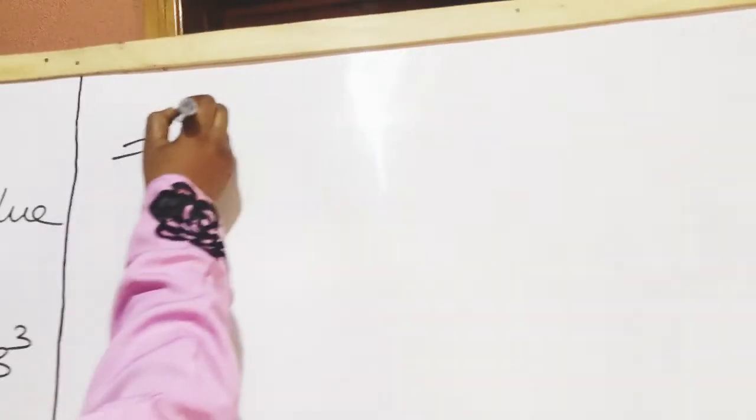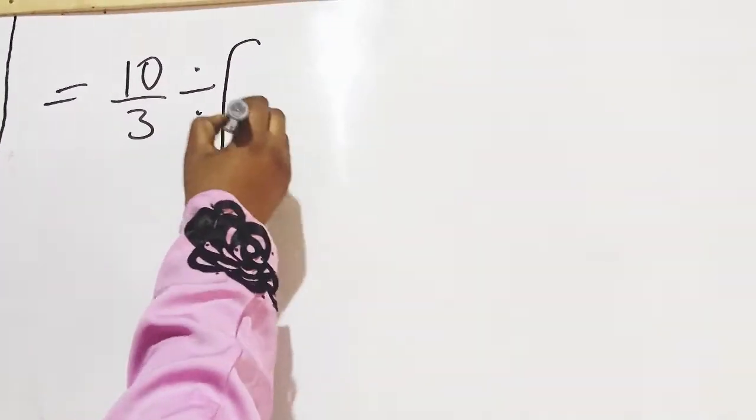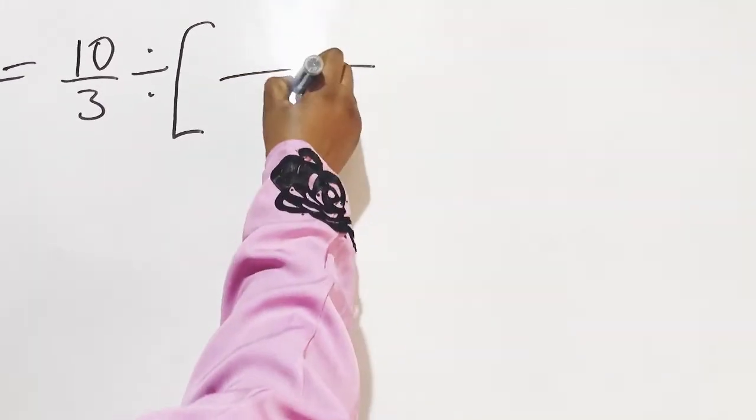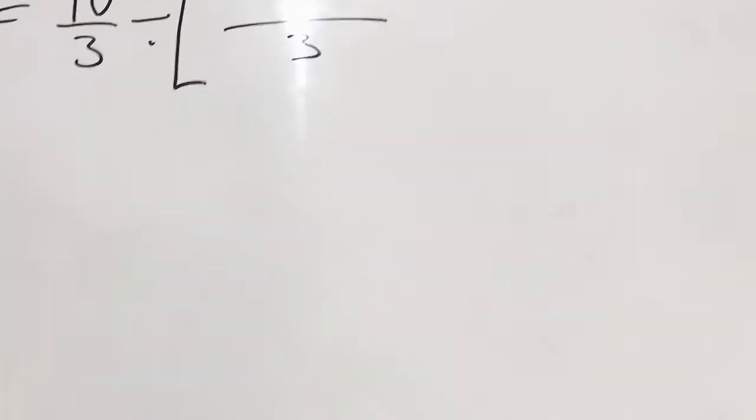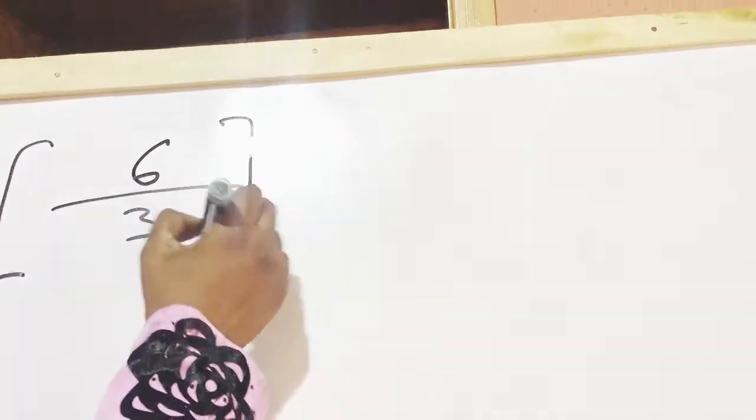So it is equal to 10 over 3 divided by, so the LCM is 3, minus 1 plus 4, 3. 3 plus 3, 6. So 6 over 3.